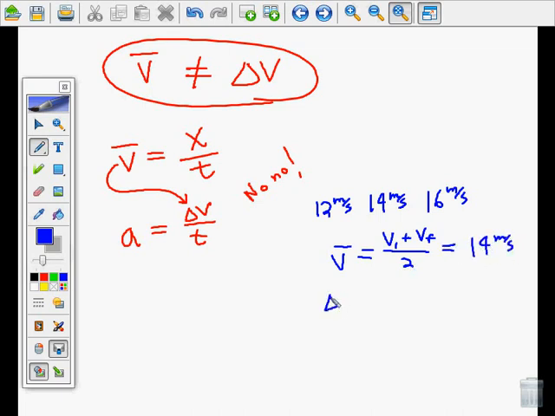But the change in velocity would be the final velocity minus the initial velocity, and of course that would be 16 minus 12, so that would be 4 meters per second. Notice, they're not equal. So watch out for that mistake where you make that substitution. Don't do that. Okay, so that wraps up good old straight line motion.